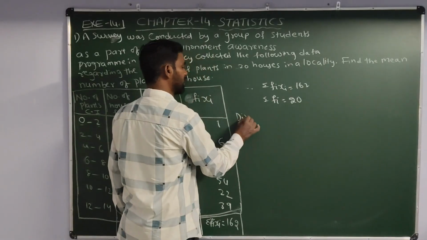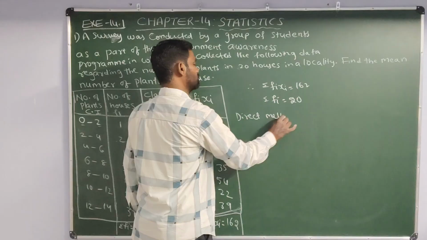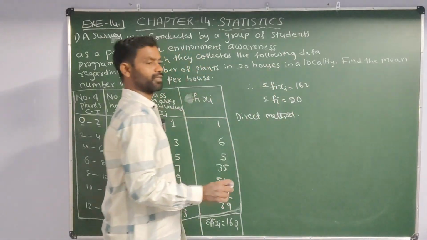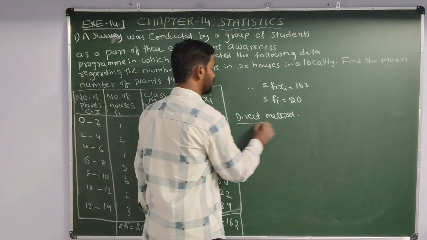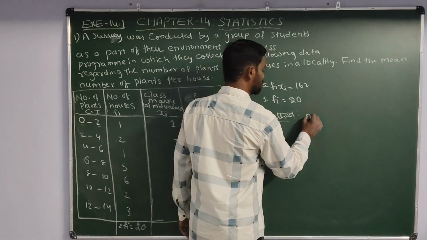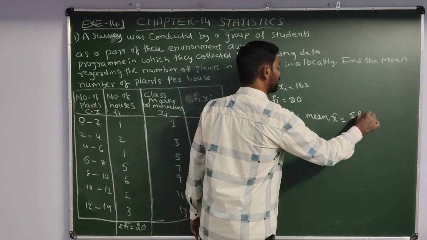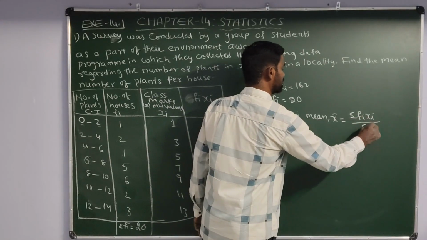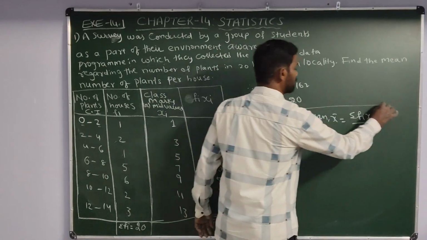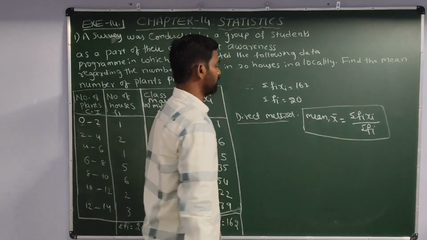So we are using the direct method. What is the formula? In the direct method, mean x bar is equal to sigma fi xi by sigma fi. This is the formula we use here for finding the mean.